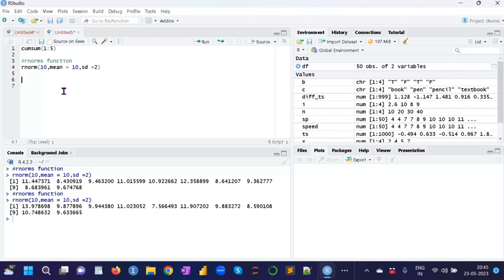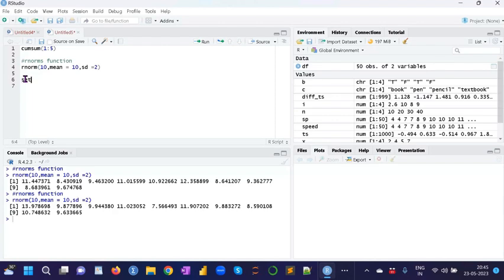Now I come to my topic, the diff function, because it is necessary to tell you about some functions and the rnorm function, where I am using them. That's why I explained it before.